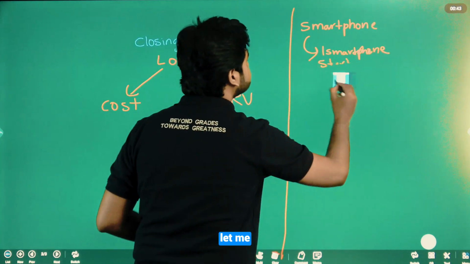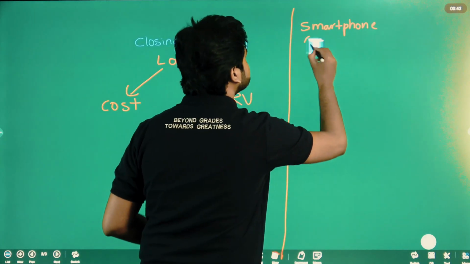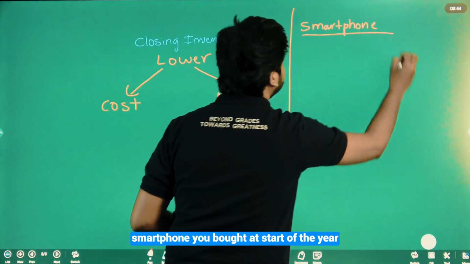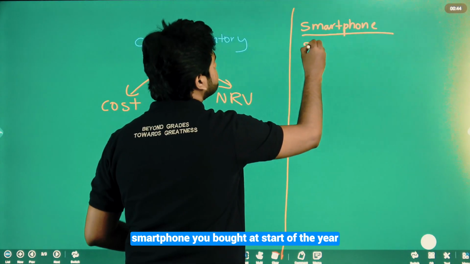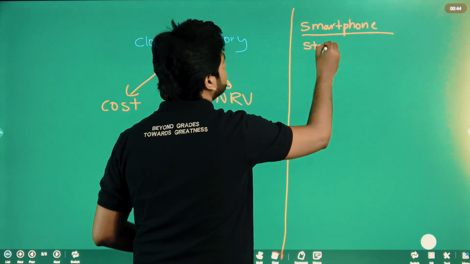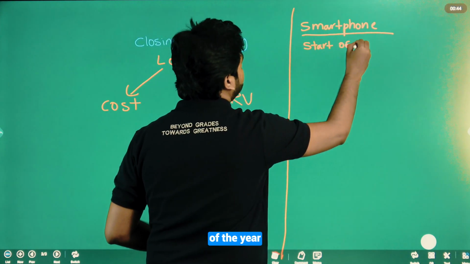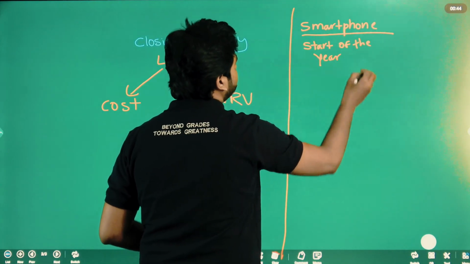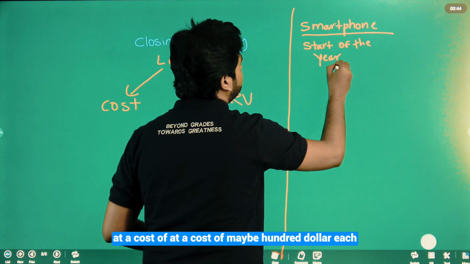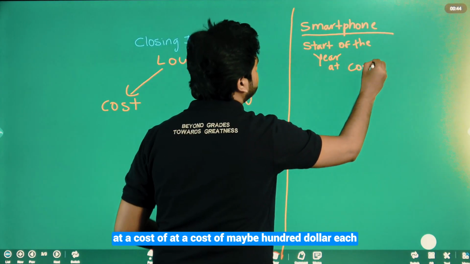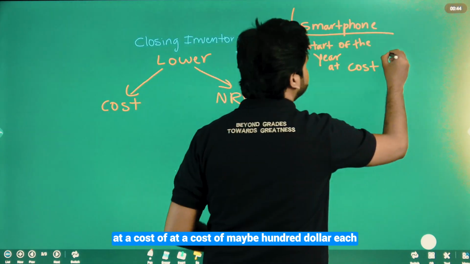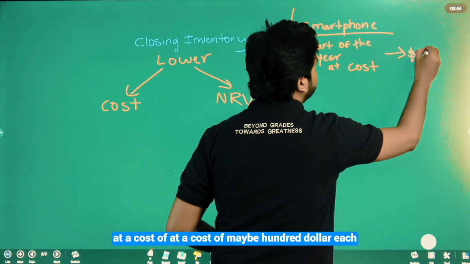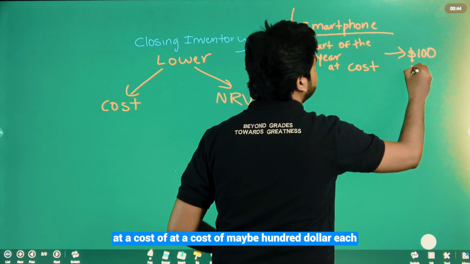The smartphone you bought at the start of the year at a cost of maybe $100 each.